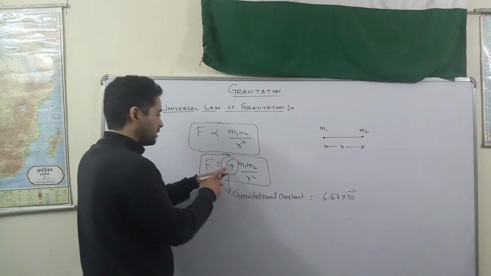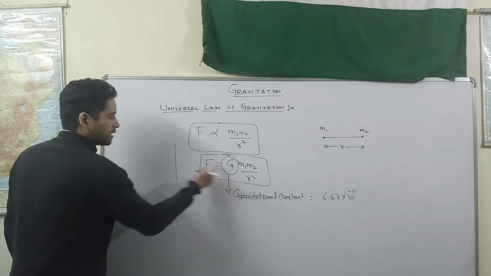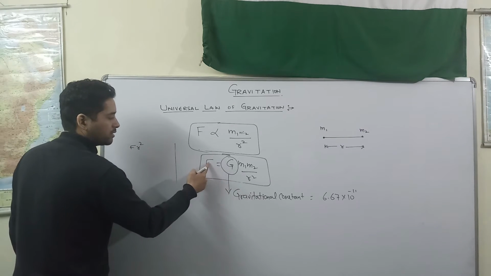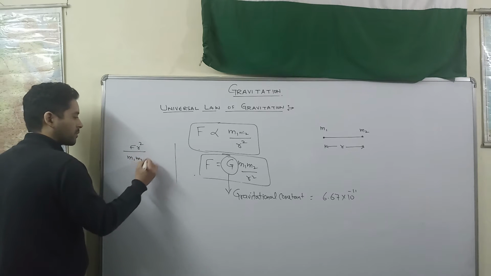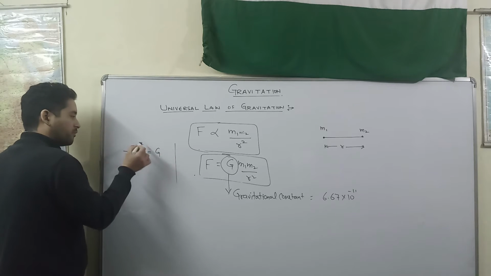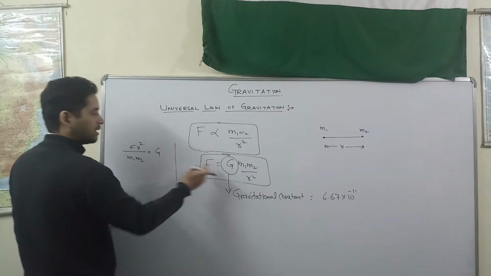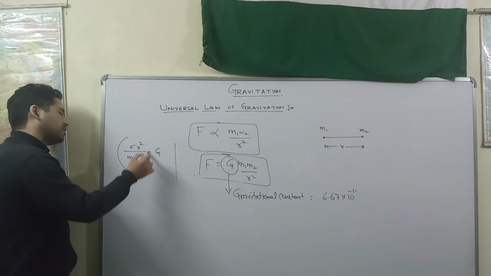To calculate the unit of G, we move r square to the other side, so it becomes F r square, and m1, m2 come to the denominator. By moving r and m1, m2 to the other side of the equal sign, we can easily find the units.